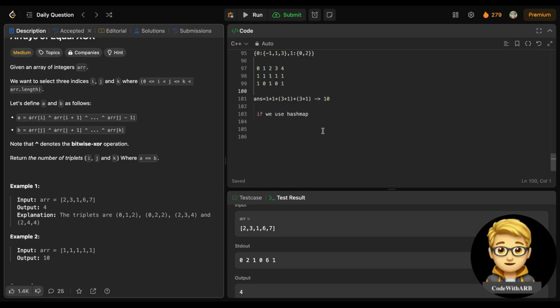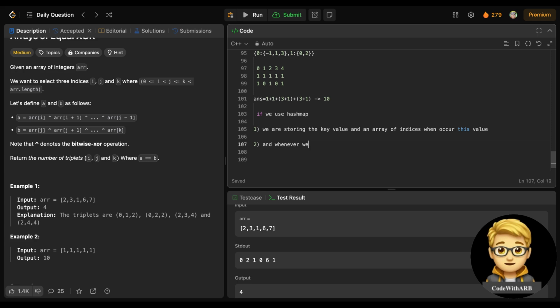So what we are doing is using a hash map, and what are we storing in the map? We are storing the key value, and an array of indices at which this value occurs.